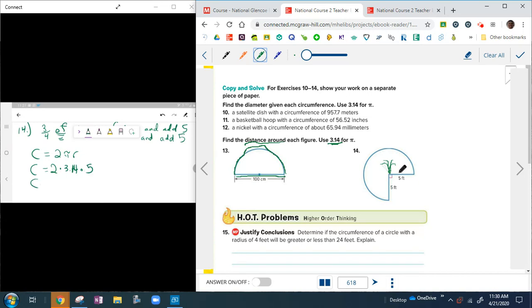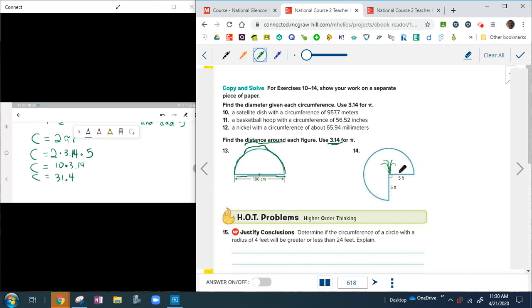Now, because I like to do things in mental math, I'm going to use the commutative property and put the 2 and 5 together and get 10 times 3.14. You could just type it in your calculator. And then, since I like to show off my math skills, I know 10 times a number will move the place value over one place. So that's going to be 31.4.